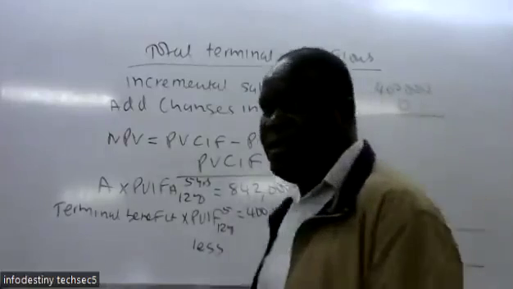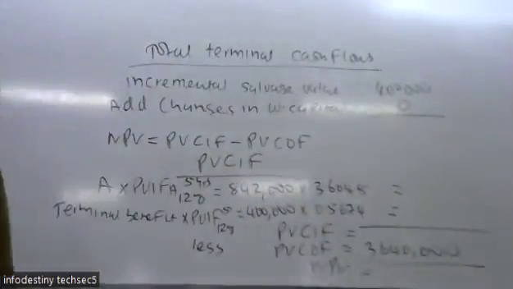Obvious that NPV is negative. So when you minus the 3,640,000, you should be able to get a negative NPV.